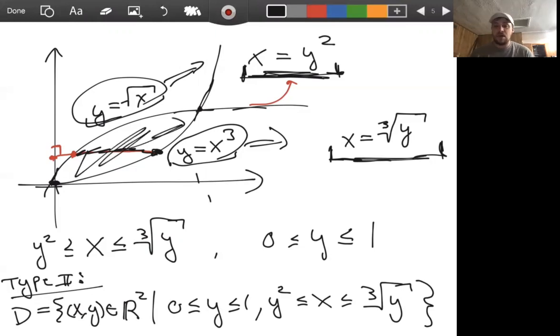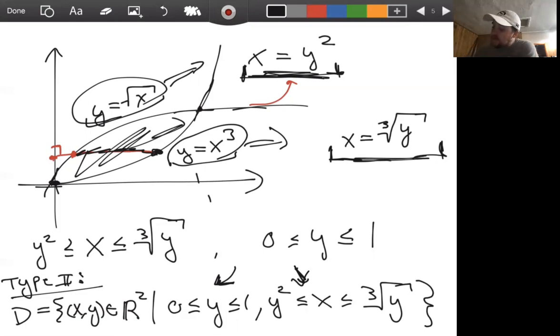And we'll see in a bit that the reason for this is because if we were to integrate some function over this region, these are the bounds. And so now we're going to have functions in the bounds, right? When we integrate and plug in the bounds, we're going to get functions.